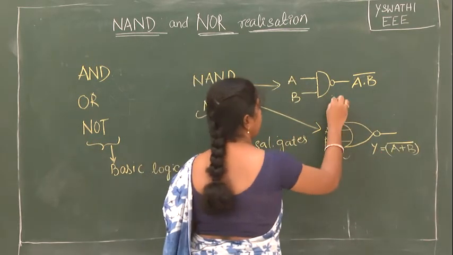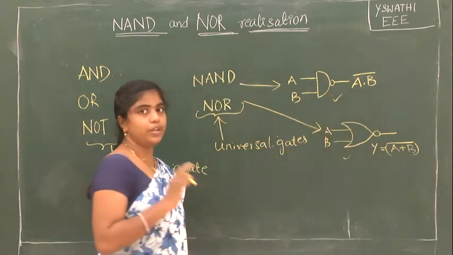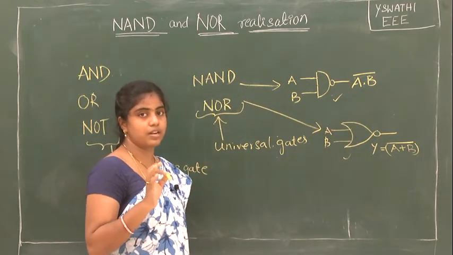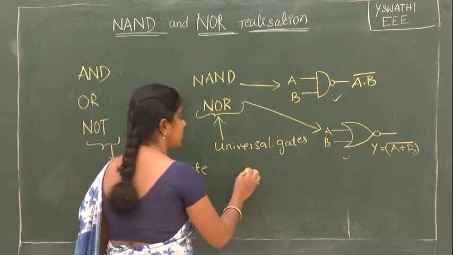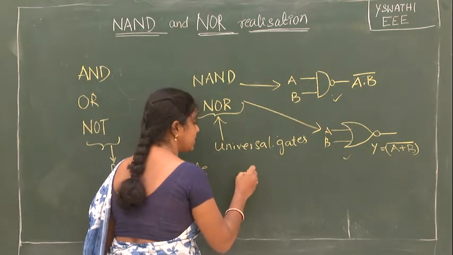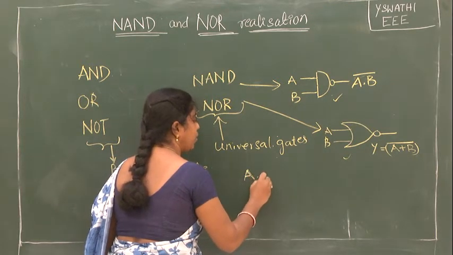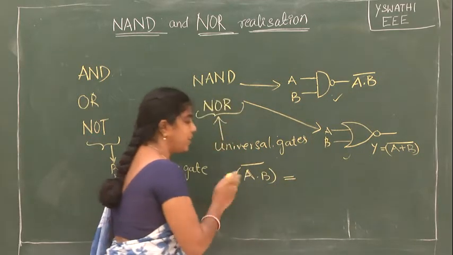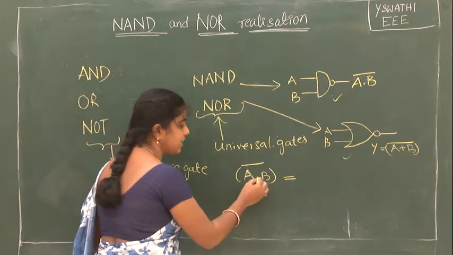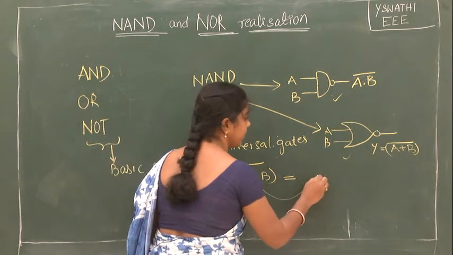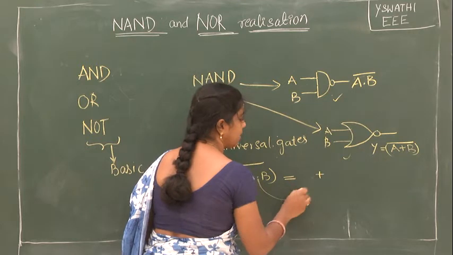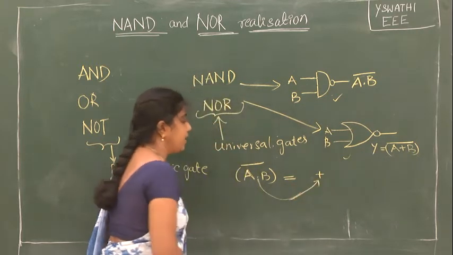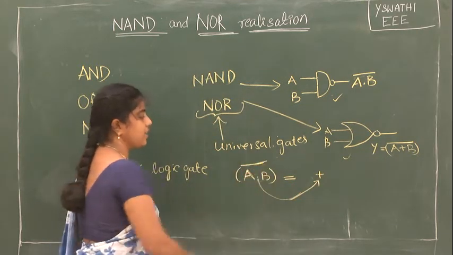This is our output. So we know the Boolean algebraic rules, right? From De Morgan's law, what is A dot B whole bar? While writing it, the AND is converted to OR, and here the whole bar is there.